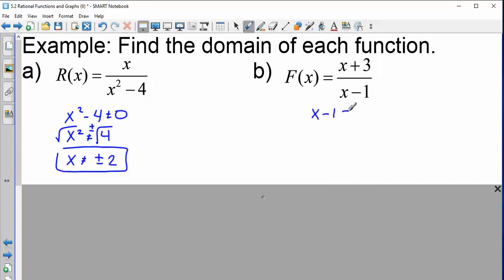Okay? On B, I know x minus 1 cannot equal 0. So x cannot equal 1.